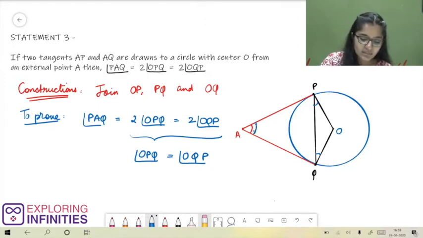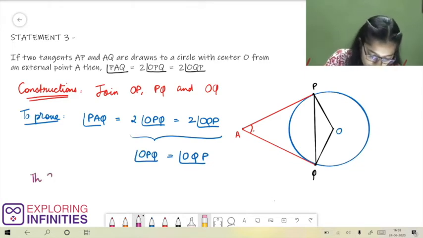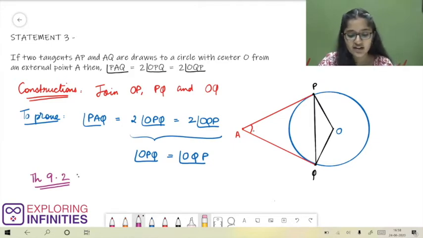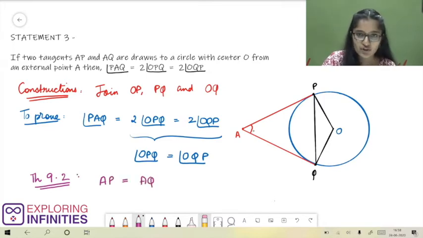half of angle PAQ. We have learnt in theorem 9.2 that the lengths of tangents drawn from an external point to a circle are equal. So here, if we consider our external point A and the tangents drawn from it, that are AP and AQ, we can say that the length of tangent AP is equal to length of tangent AQ.